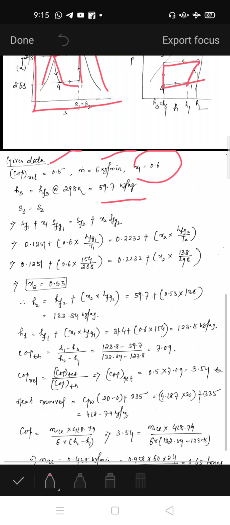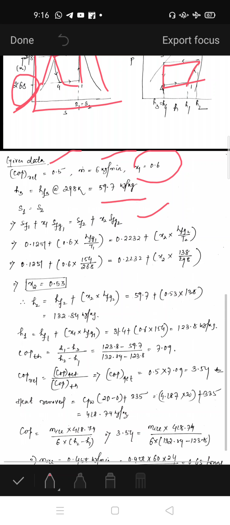For solving that, you have to apply the isentropic equation, that is S1 is equal to S2. S1 is SF1 plus X1 SFG1, and S2 will be SF2 plus X2 into SFG2. In this equation, SF1 will be in the table at the lower temperature, so check the value of SF1. X1 is given, and SFG1 is not given in the table, so convert SFG into HFG and T. SFG1 is equal to HFG1 by T1, and note down the data of HFG1 and T1 from the table.